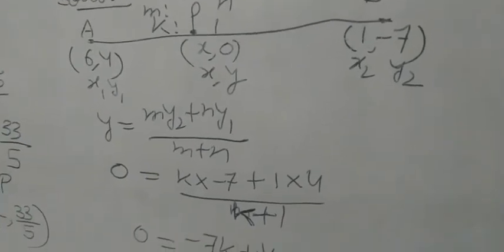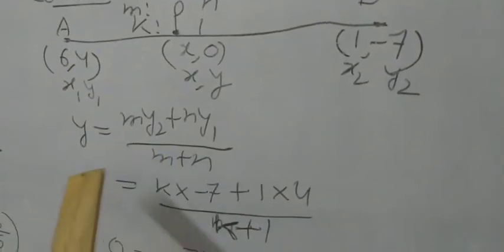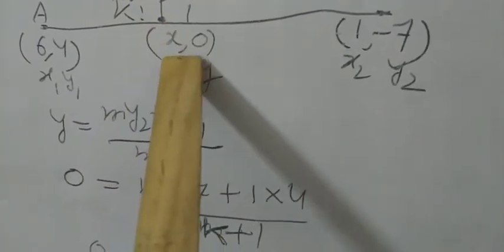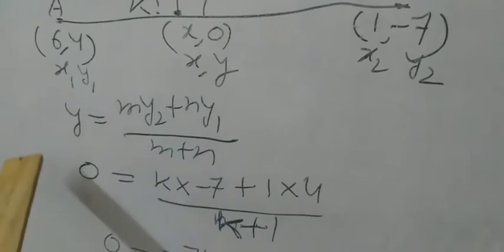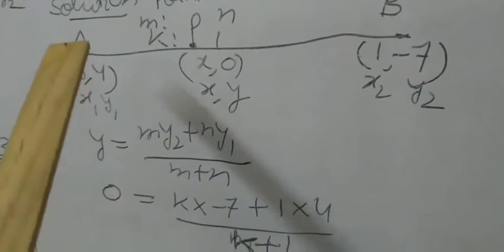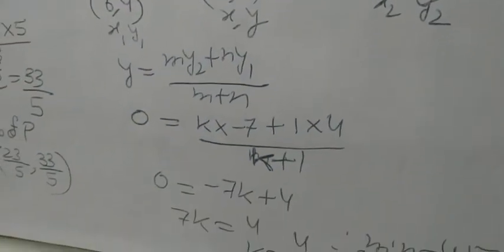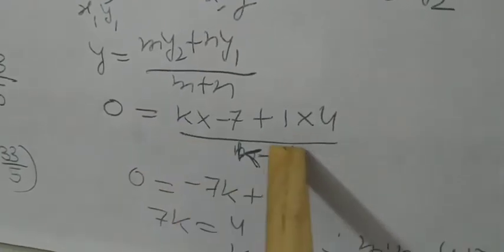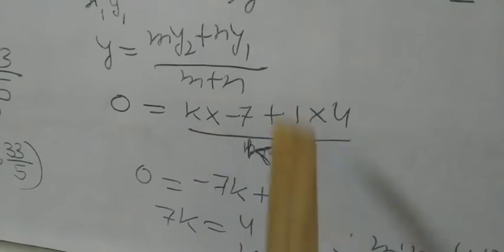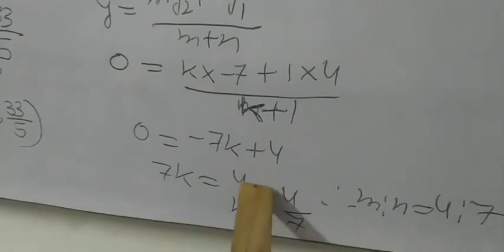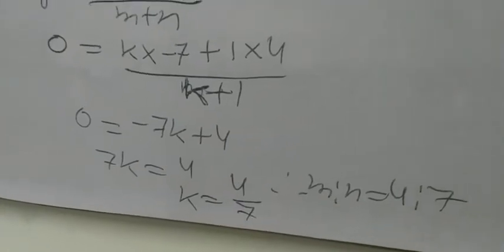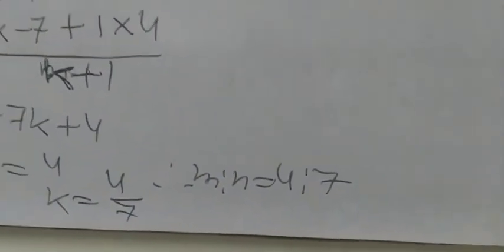Student, remember, to find the ratio we have to use the formula whose value is given to us. Y value is given to us 0, so we have to use y formula to find out the ratio. 0 equals -7k plus 4, because k plus 1 will go to the other side, student, by cross multiplication. So -7k transfer this side, 7k equals 4, k equal to 4 upon 7. So m is to n equals 4 is to 7.